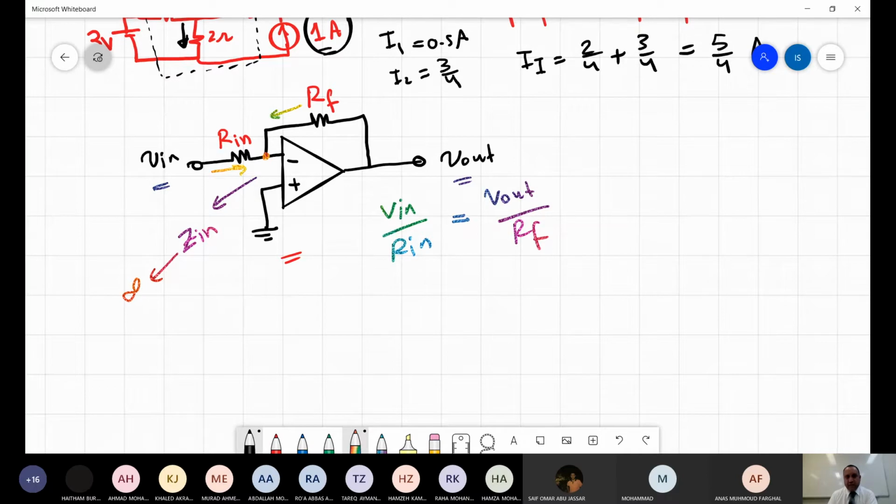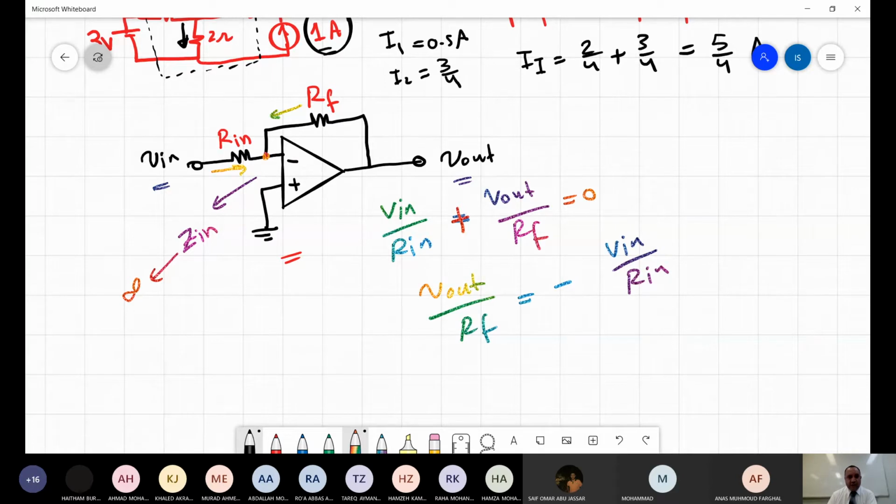So Vn over Rn plus V out over RF must equal 0. We don't have another current.